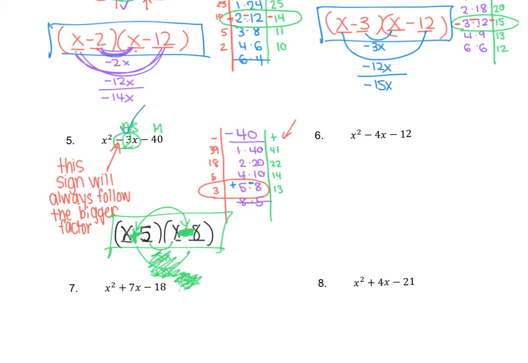All right, let's try the next one. We have negative 12 as our multiplication. So we are finding the factors. 1 times 12, 2 times 6, 3 times 4, and then 4 times 3. We're crossing that one out because we already have them all.